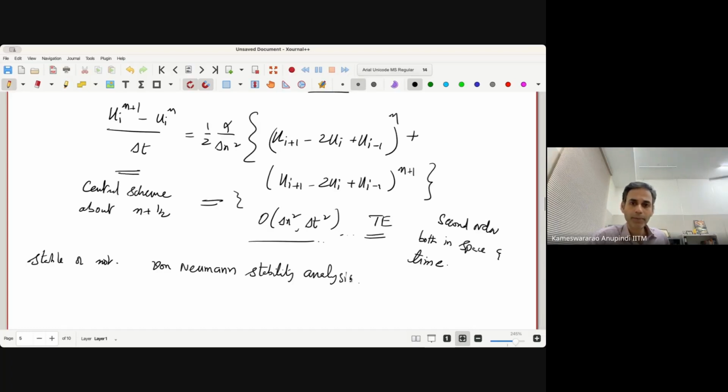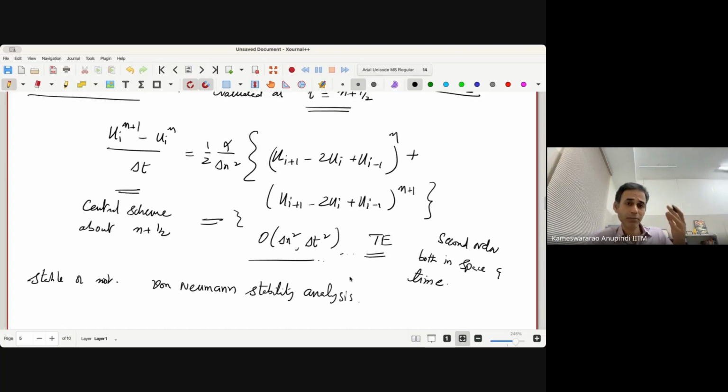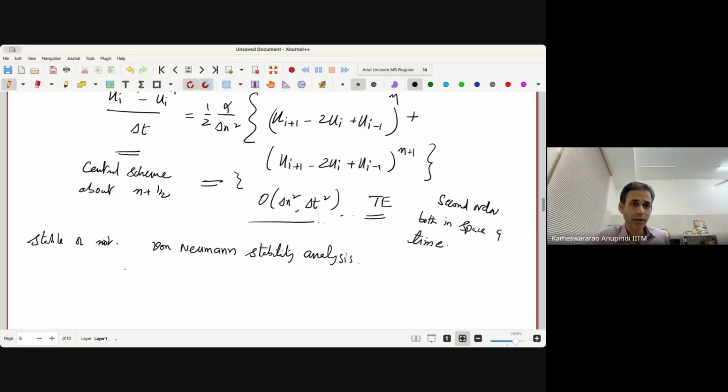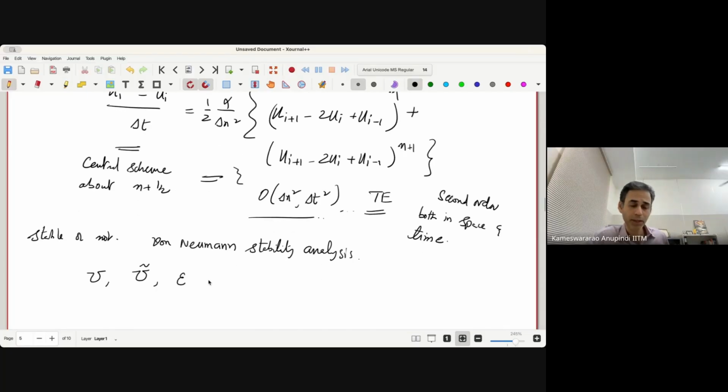Again, we follow the same steps as before. That means we write an equation, discretize this using U, then discretize this using U tilde. Then we come up with an equation for the round off error, that is epsilon, by substituting for U in terms of U tilde and epsilon, and then subtracting one equation from the other.